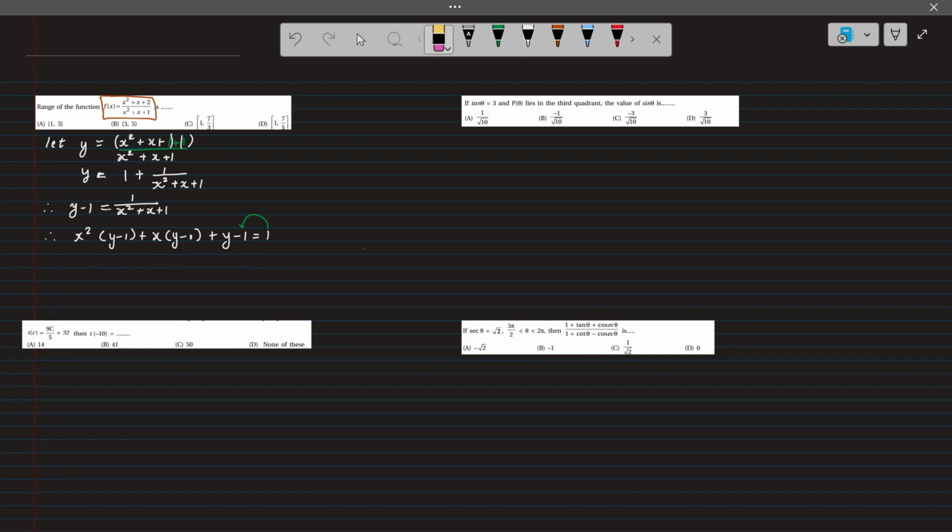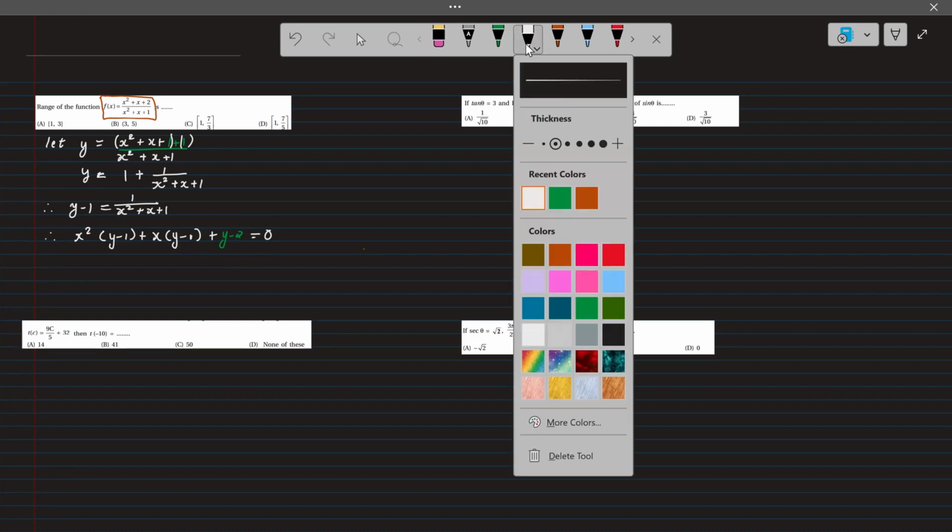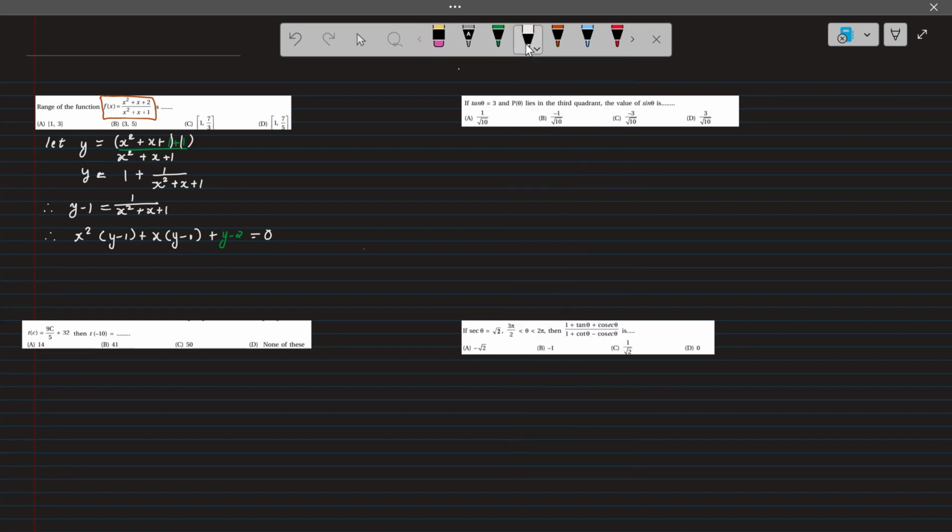So now we have this scenario where our last term is y minus 2, and this equals 0. Now this is our quadratic equation, ax square plus bx plus c.